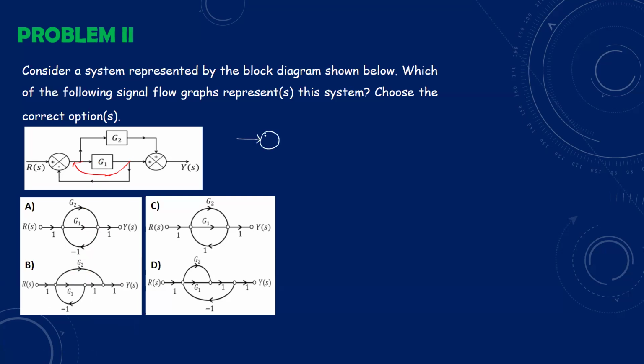After moving the takeoff point, the gain should be added. This is G1, and again this is G1, G2. And this summing point is a parallel block combination, plus plus. Output is Y of S and input is R of S.